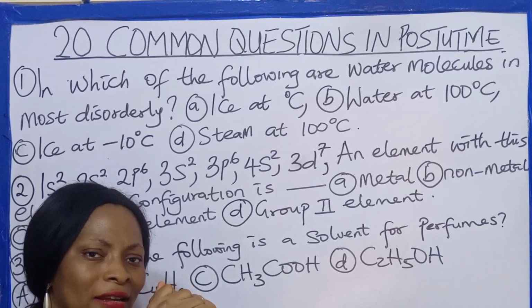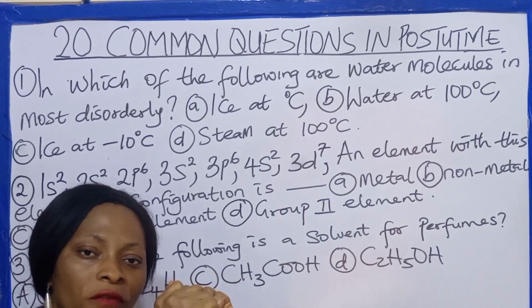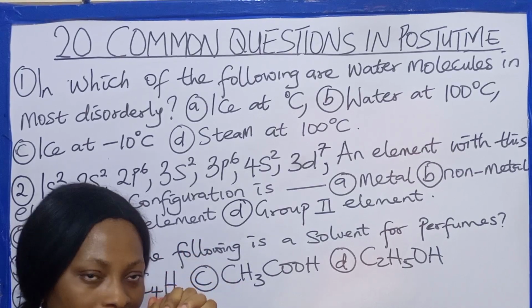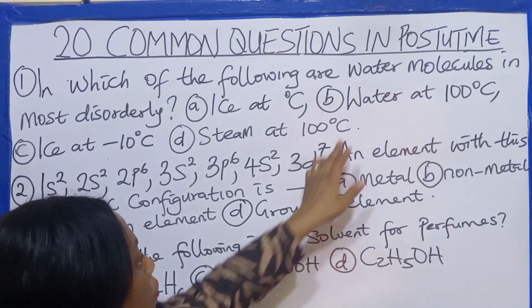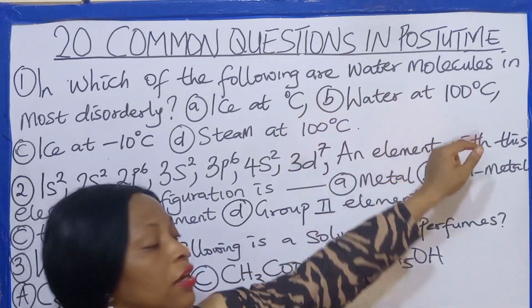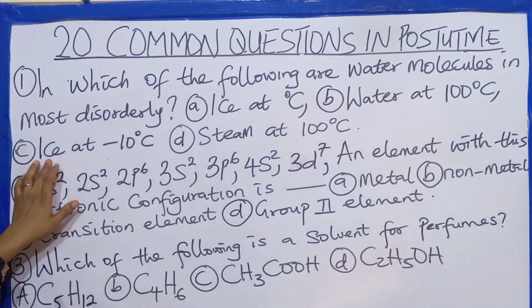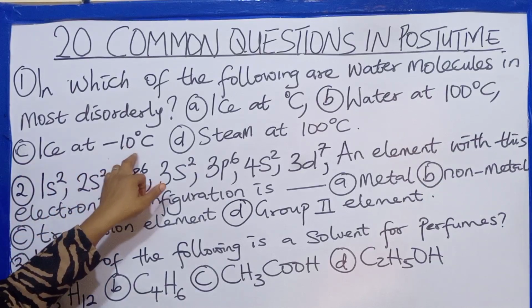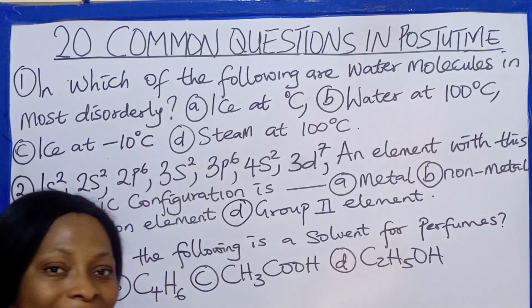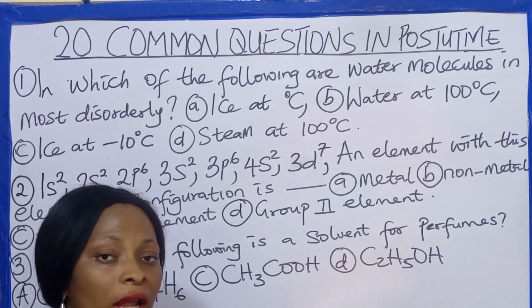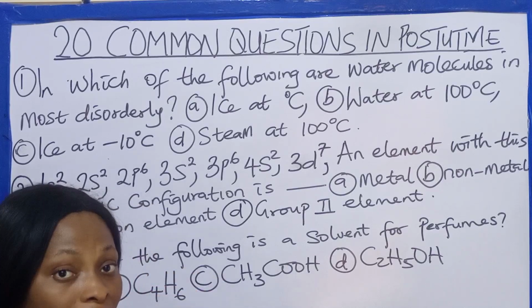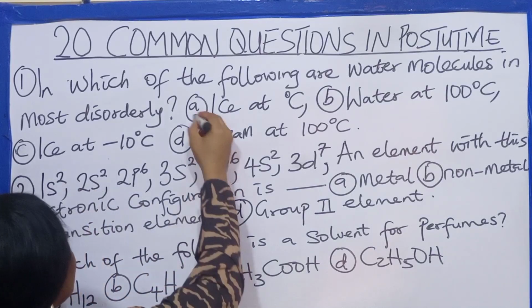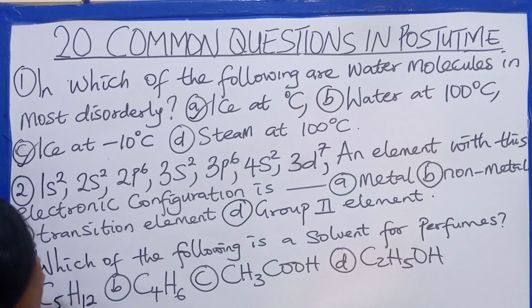Ice is solid, and so the molecules of a solid are together. Number 2 or B, water at 100 degrees Celsius. Number 3, ice at minus 10 degrees Celsius. Ice is still solid, so the water molecules are together. They are not disorderly. So automatically this is off and this is off.